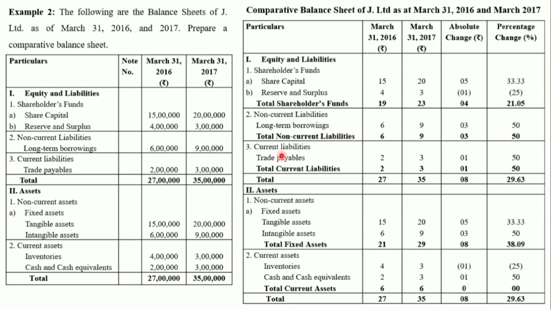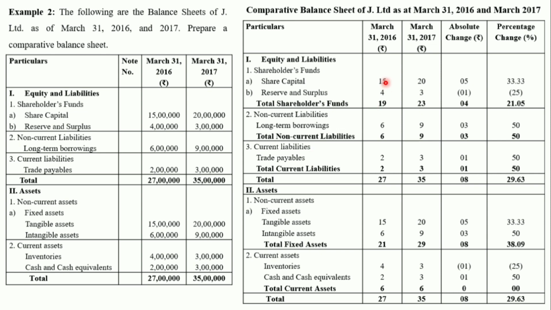Then current liability. Here also in current liability, trade payable is given. Trade payable for the previous year is 2 and current year is 3. Difference is 1 lakh, and in percentage form 50% increase in trade payable. Then total is the same because only one current liability is given in the problem.